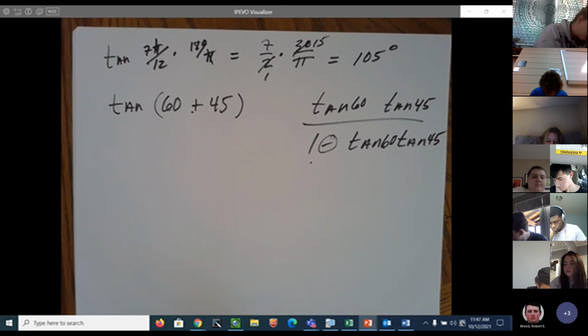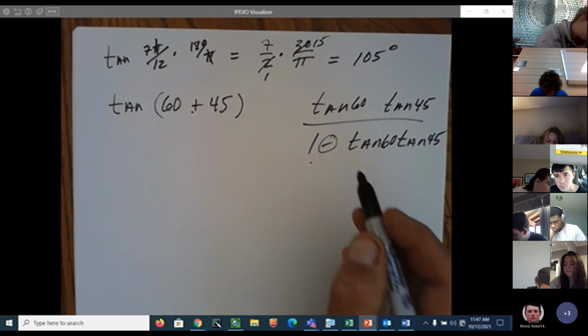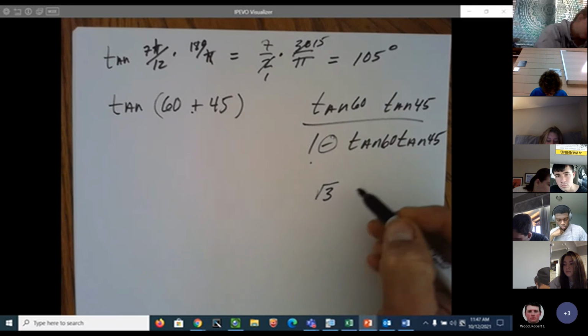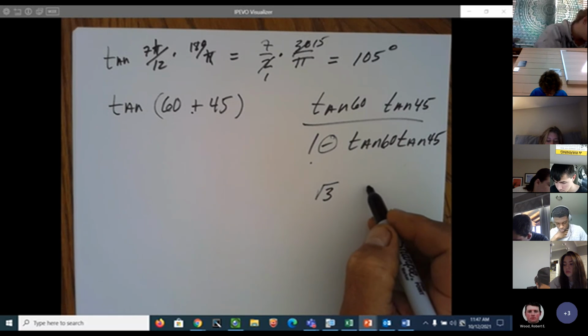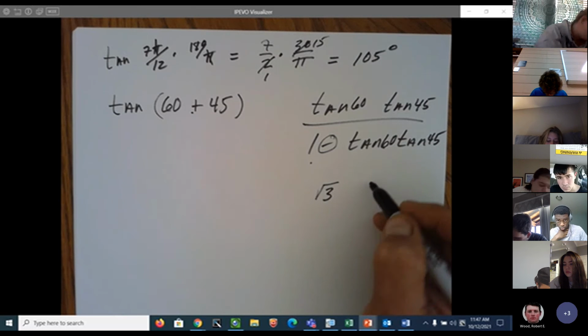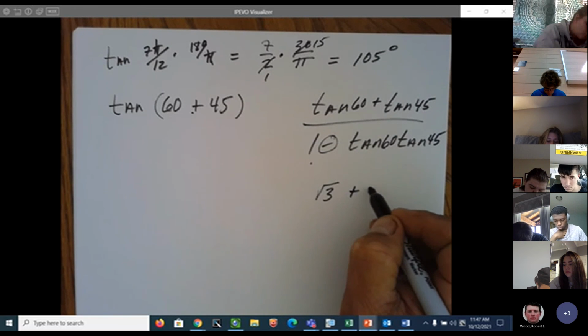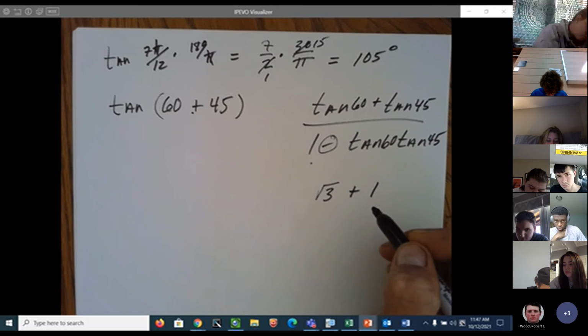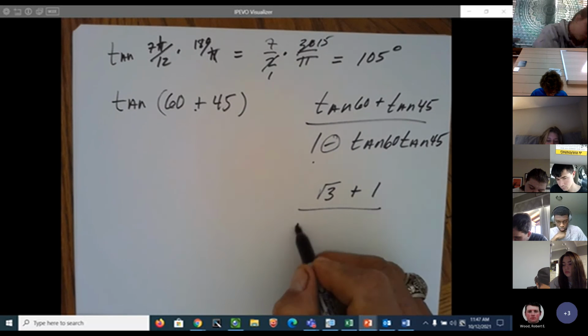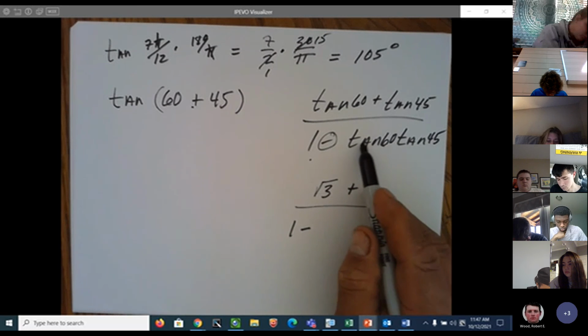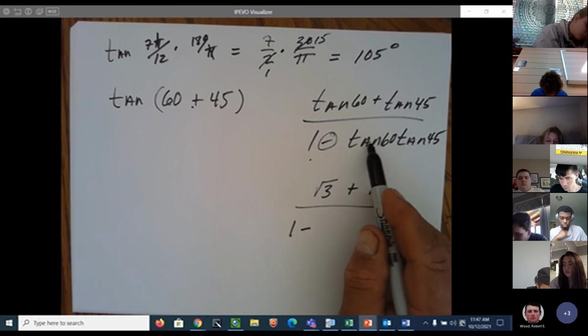That's going to be the square root of 3. And that's going to be plus 1. Sorry. Over 1 minus the tan of 60 is what? Square root of 3.